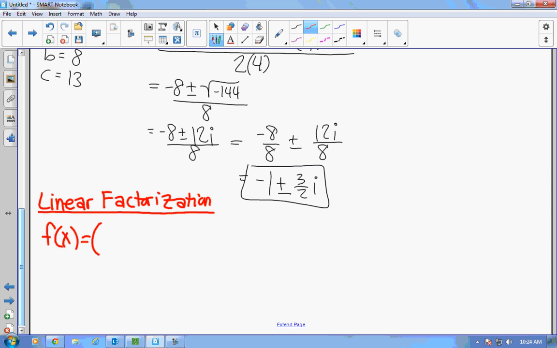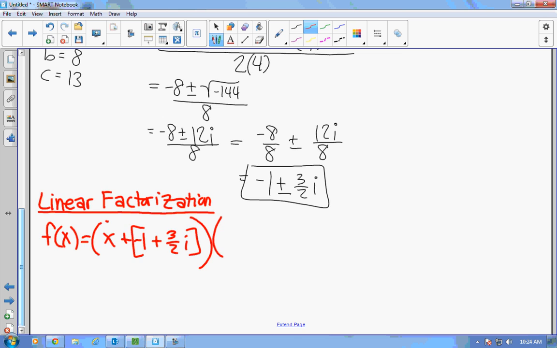And we have a minus 1. So the factor has to have a different sign. So if it's minus 1, we would say plus, I'm going to put it in a grouping, 1 plus 3/2 i. Okay? Oops, I missed the negative. It's still a negative 1. But it's adding that factor.